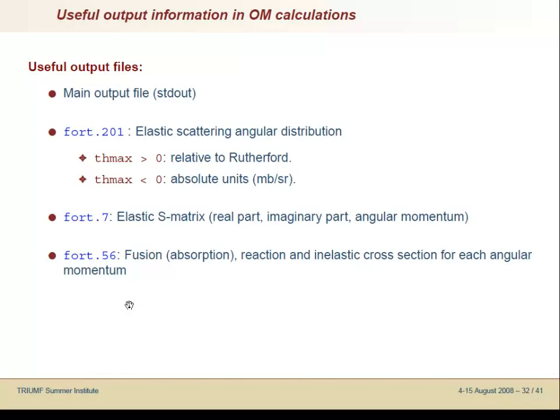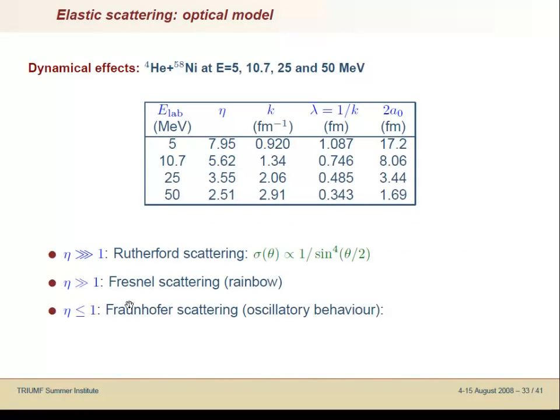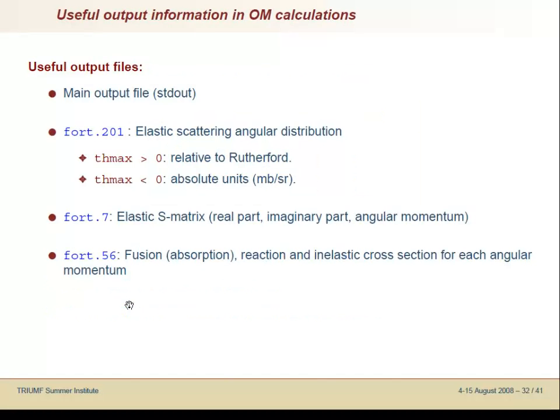So we will get a reaction cross-section that is related to this Q space that we are not taking into account explicitly, but is implicitly accounted for in our choice of the potential.